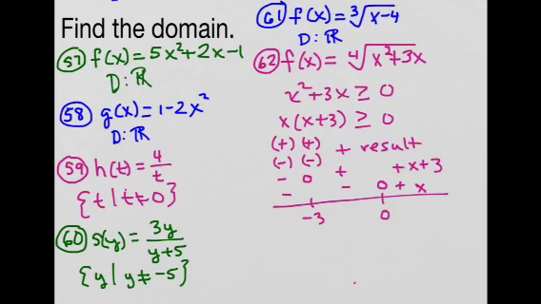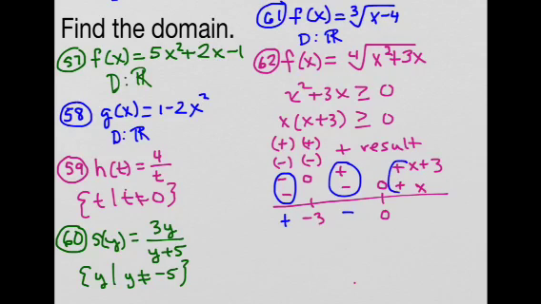Now remember what the problem is. It's saying this number times this number has to be greater than or equal to 0. So when I look over here, a negative times a negative is going to give me a positive. A positive times a negative is going to give me a negative.